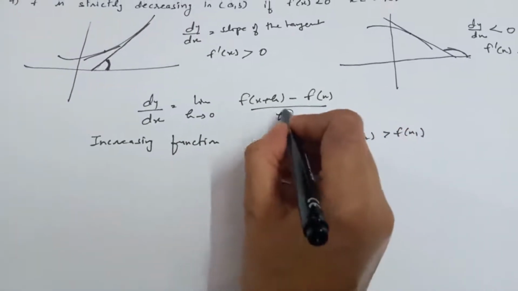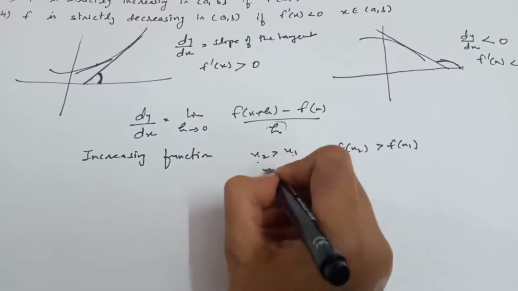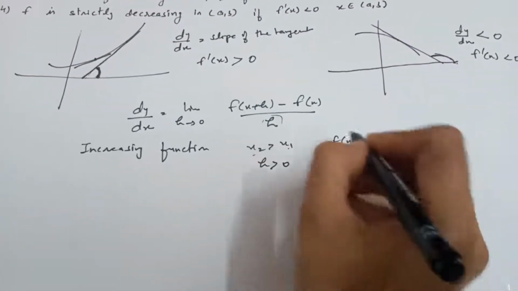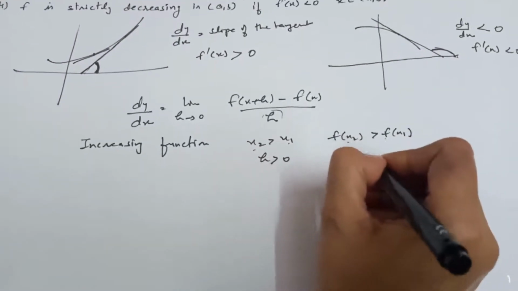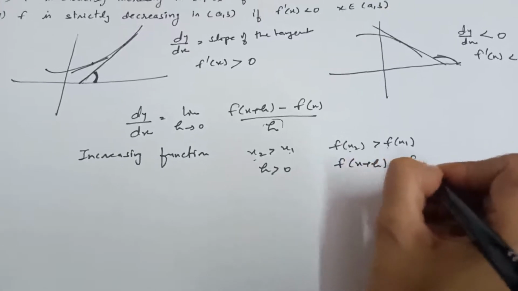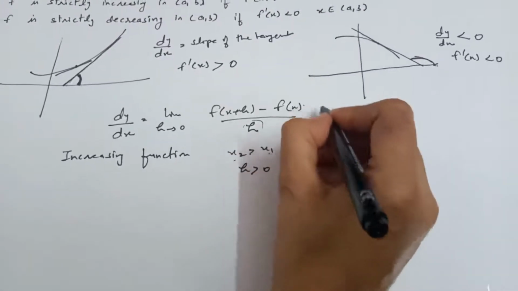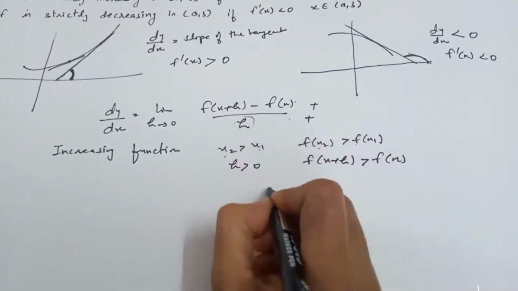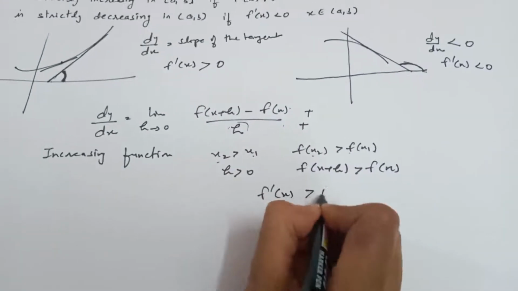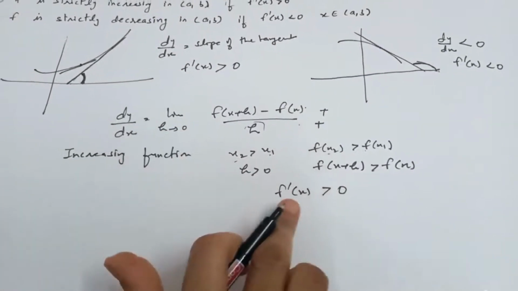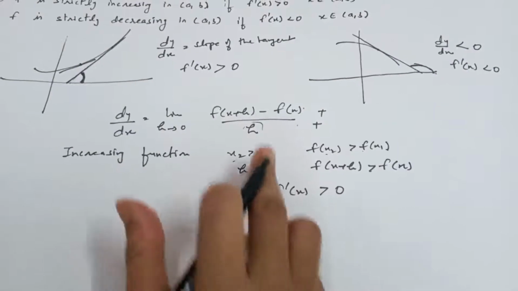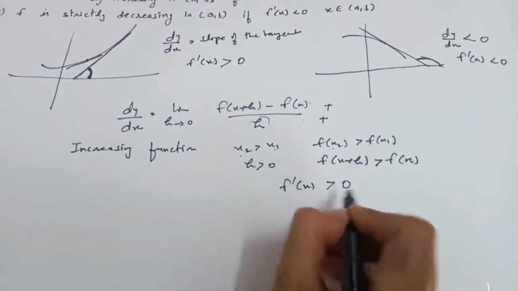If x2 is greater than x1, then h is greater than 0, and f(x2), meaning f(x+h), the next value, is greater than f(x). Both are positive, so f'(x) is greater than 0.